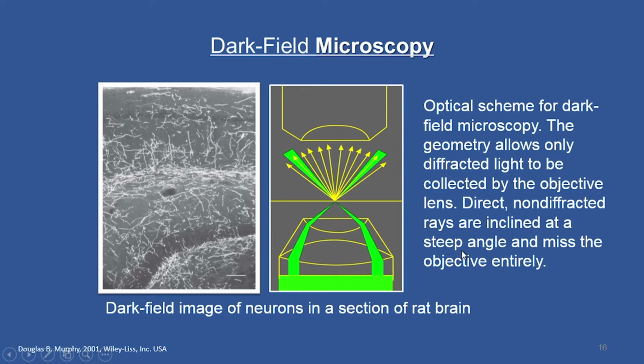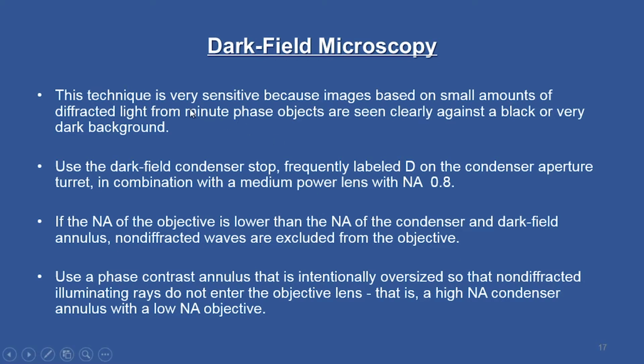So, it is a very simple design, and this technique is very sensitive because images based on small amounts of diffracted light from minute phase objects are seen clearly against a black or very dark background. If the numerical aperture of the objective is lower than the numerical aperture of the condenser and the dark field annulus, non-diffracted waves are excluded from the objective.